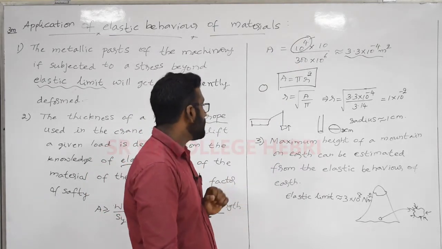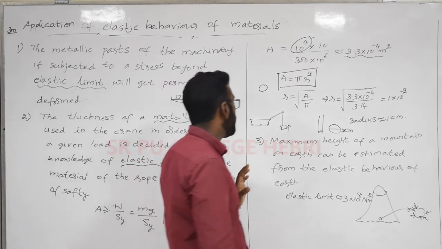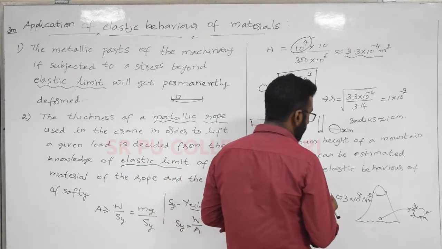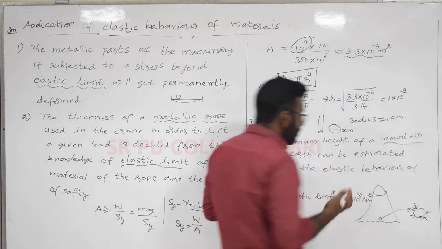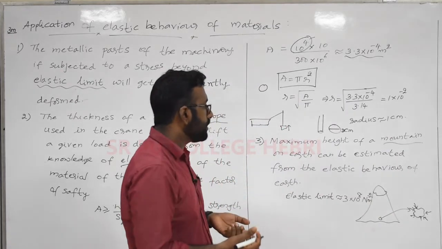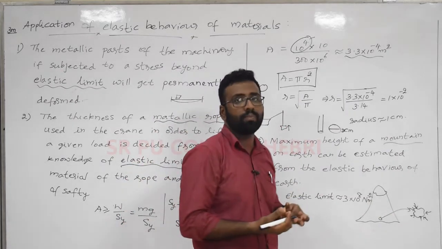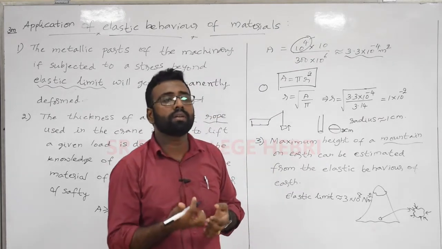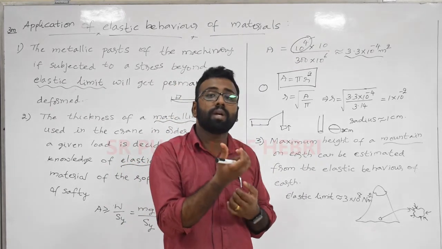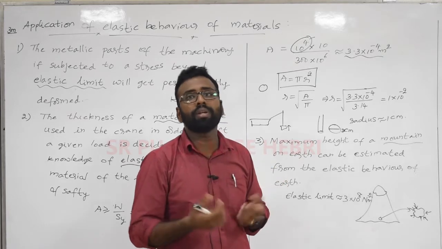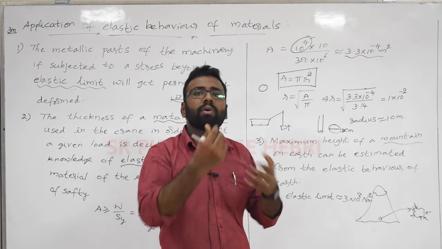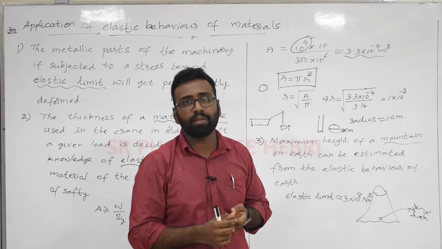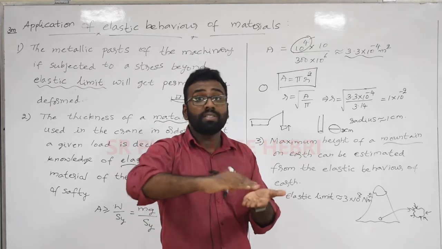The next application is about maximum height of a mountain on the earth. So you must know that the highest mountain on the earth is nothing but the Mount Everest. And if you search on Google, you can get the value that the height of the mountain is approximately 8.9 or approximately 8.5 kilometer high from the sea level.